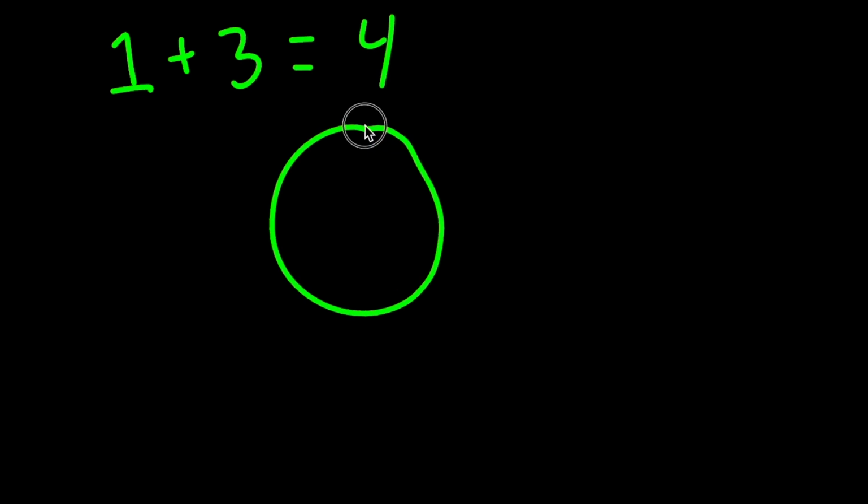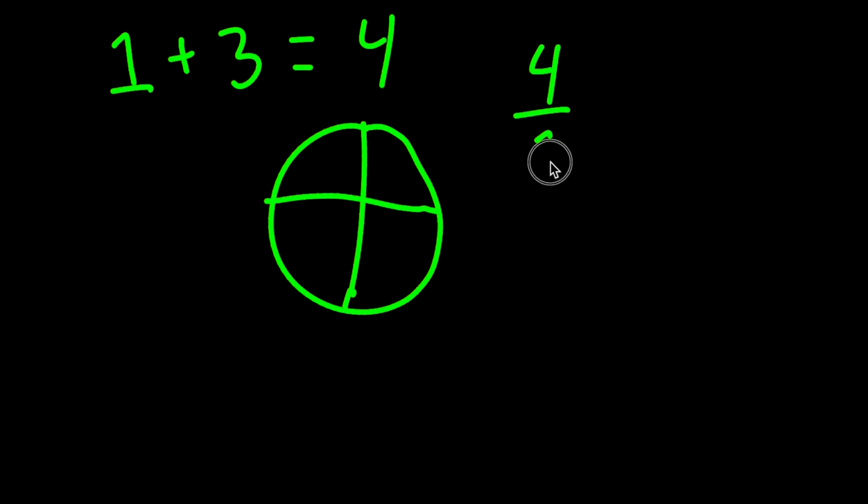So I need to cut this pizza into 4 big slices. So the reciprocal of 4 is 1/4, because I turned that 4 into a fraction. So it's 4/1. Then I flipped it, and now it's 1/4.